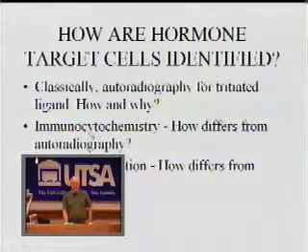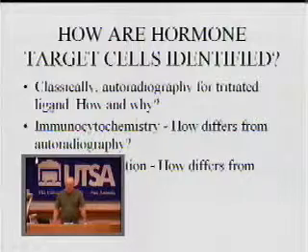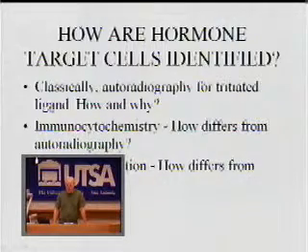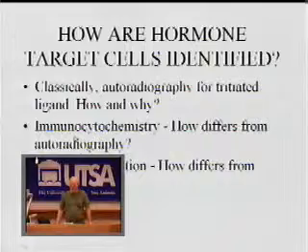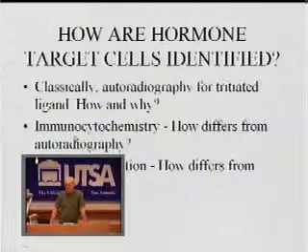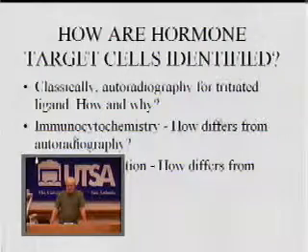So a difference between these two would be that the autoradiography for the radio-labeled ligand would identify the protein receptors that are capable of binding the ligand, the cognate ligand. Immunocytochemistry is only identifying the receptor proteins that can bind an antibody.